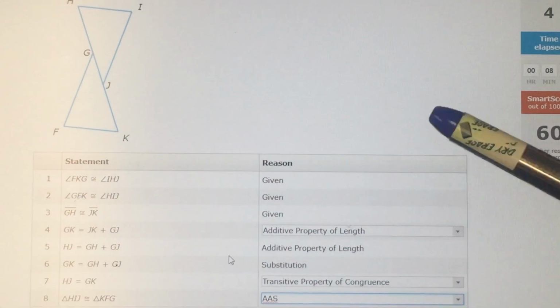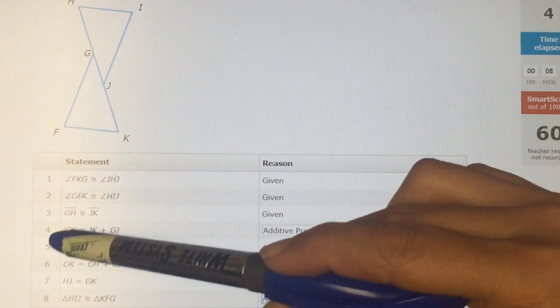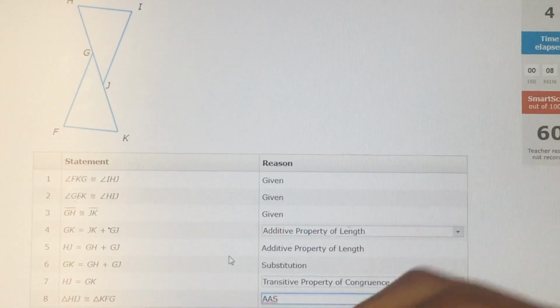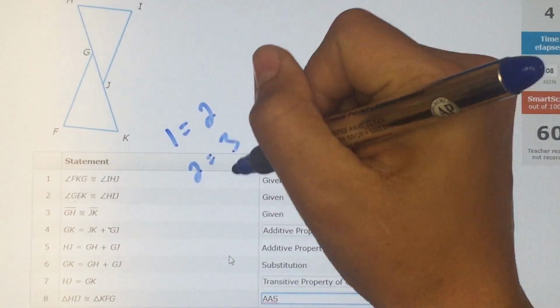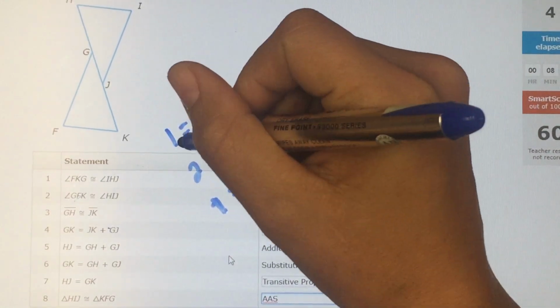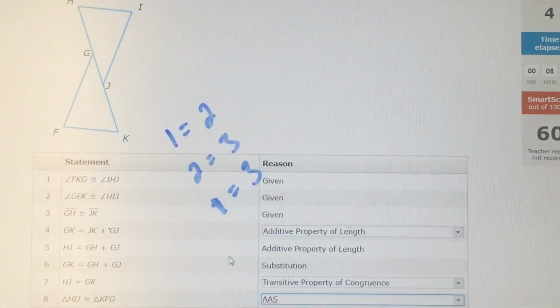Okay, so just a quick note. Whenever you have three things, like you see 1, 2, 3, like they're all similar, and then the fourth thing, it's always going to be transitive property of congruence. And what that means is this. If 1 is equal to 2, and 2 is equal to 3, then 1 is the same as 3. We're transferring.